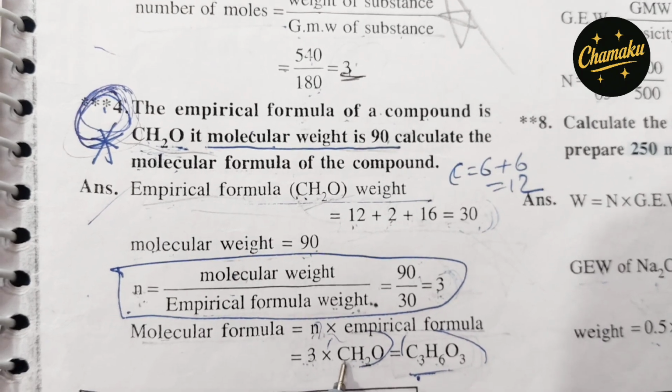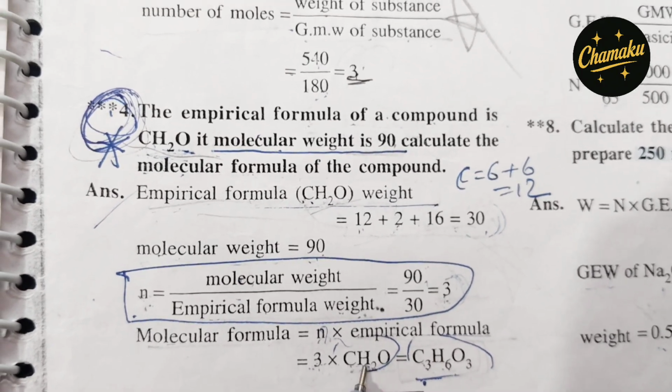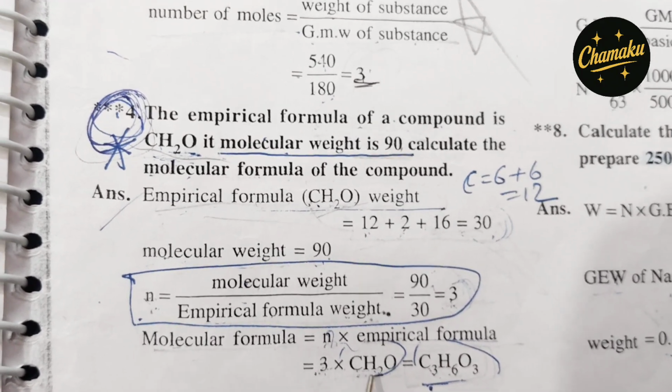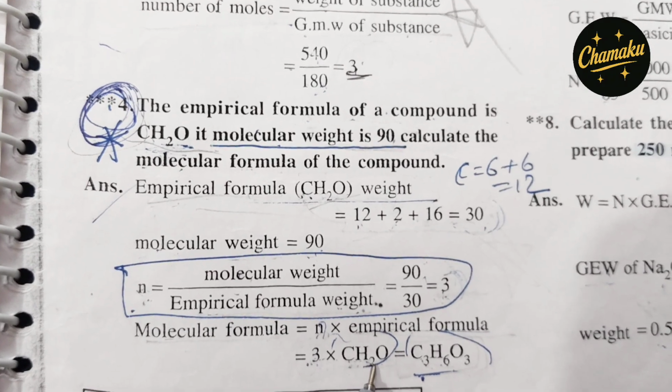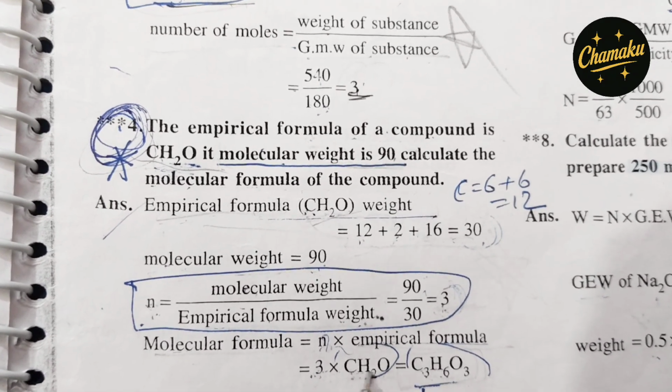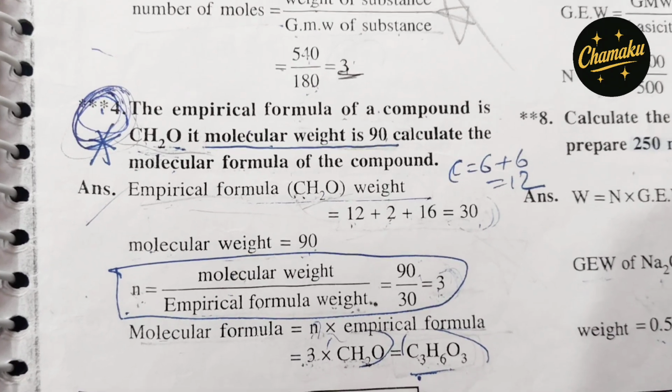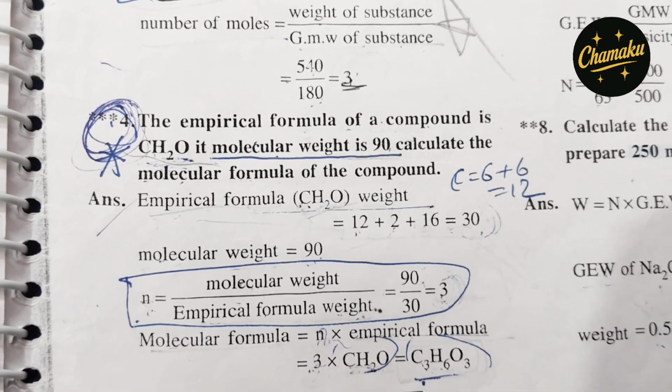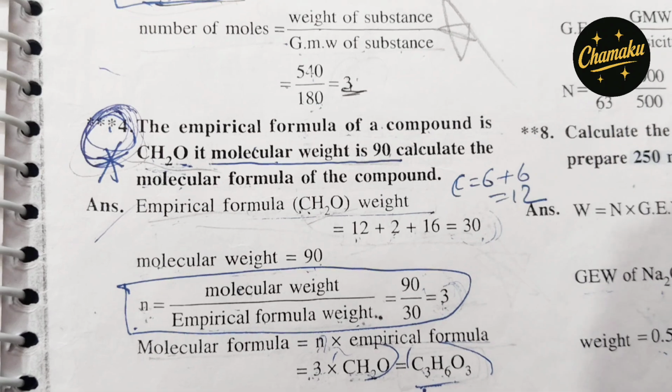So C into 3 is C3 and H2 into 3, so here we have hydrogens 2, 2 3s are 6, so H6, and O into 3 is O3. So this is how we find the molecular formula of a given compound.